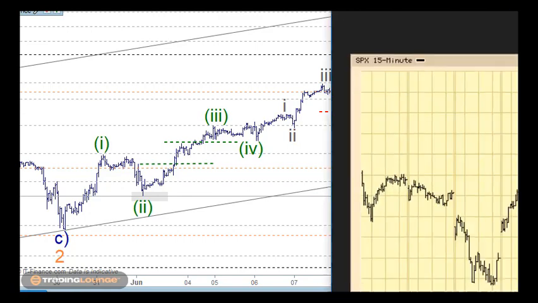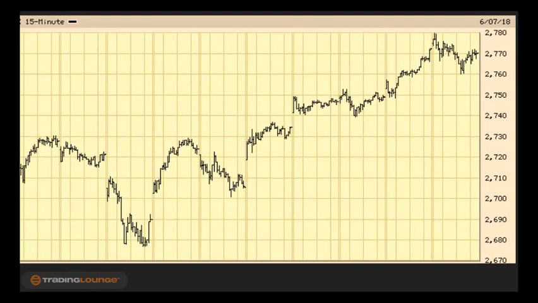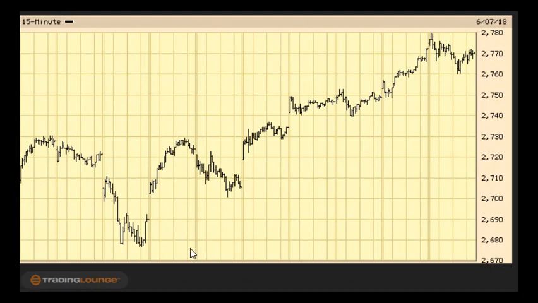And one of the reasons to support that was the cash market here. So this is a 15-minute chart, and we could look at it as wave 1 here, wave 2 here, then 1 and 2 and 3 and 4.